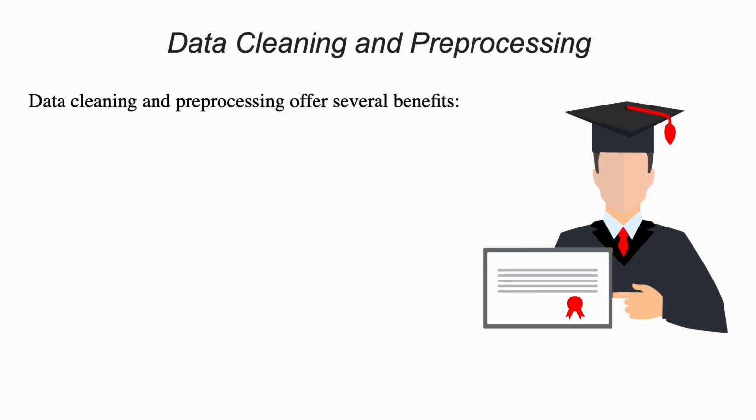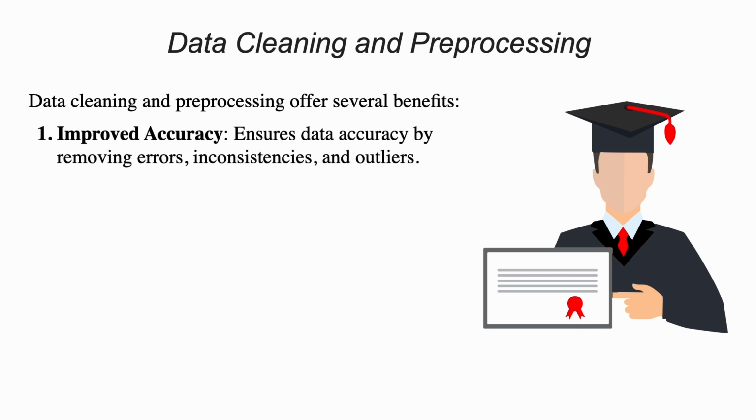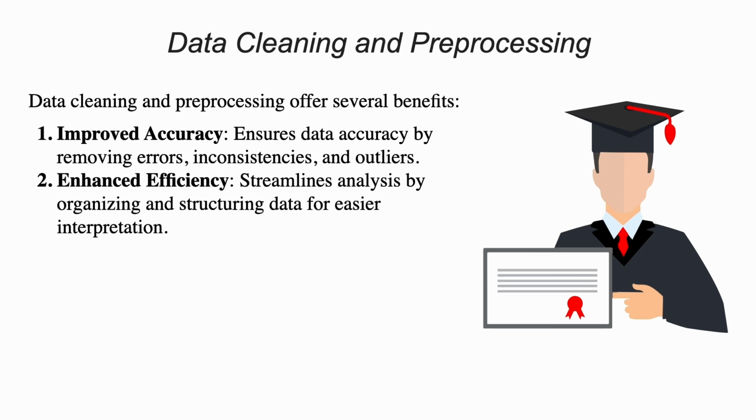Now we come to the second step in data analysis, which is data cleaning and preprocessing. The benefits are as follows. Improved accuracy. Ensures data accuracy by removing errors, inconsistencies, and outliers. Enhanced efficiency. Streamlines analysis by organizing and structuring data for easier interpretation.